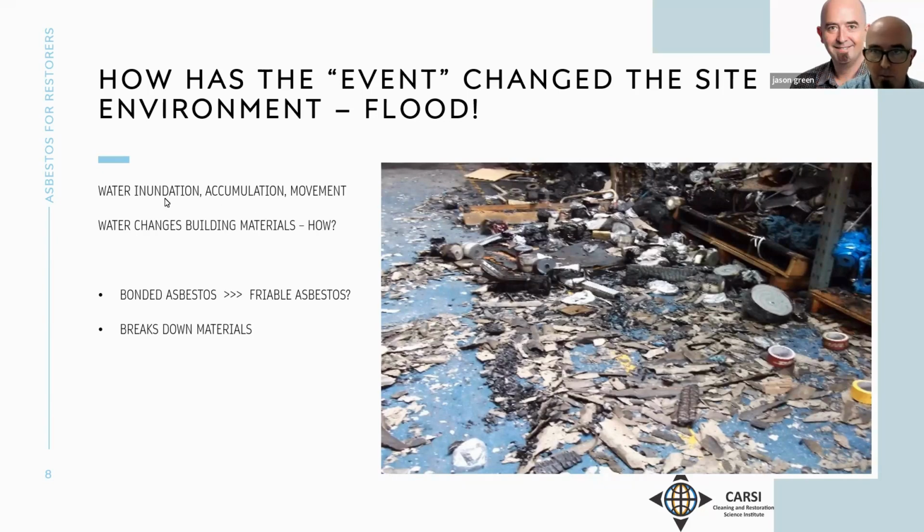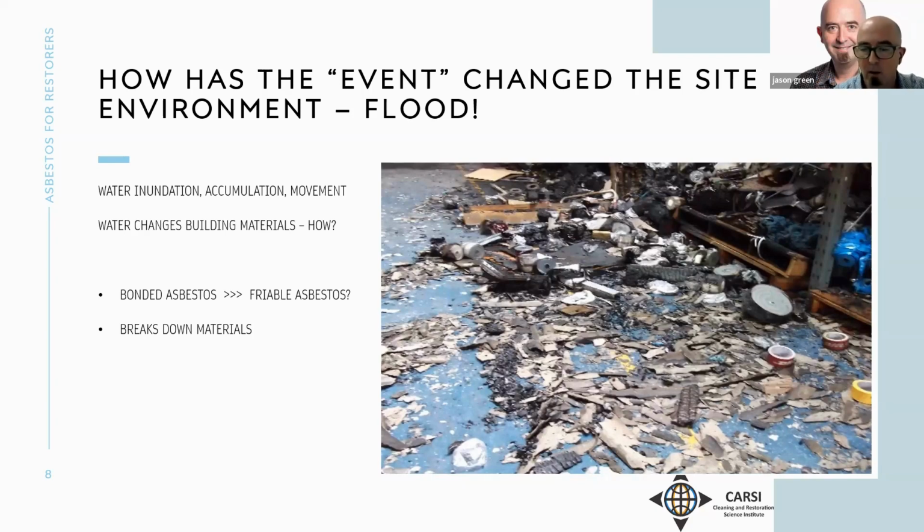So for example, here you can see a flood. This is essentially the aftermath of a flood or flood and fire in this situation. Water's inundated, there's accumulation of materials, the materials are moved around the site, and things are not where they used to be, and they may be in weird and wonderful places.